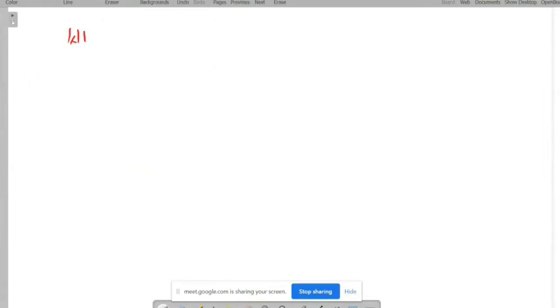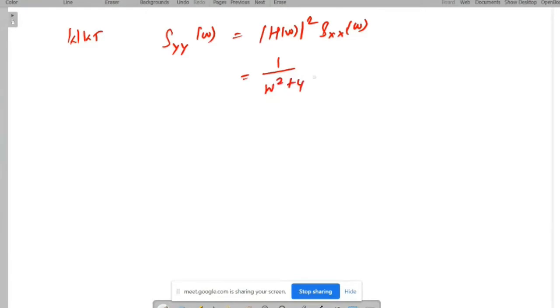So we know that S_yy of omega equals modulus H of omega whole square times S_xx of omega. We have calculated these two things. Try to apply and multiply. So 1 by omega square plus 4 into 4 by omega square plus 4, right?